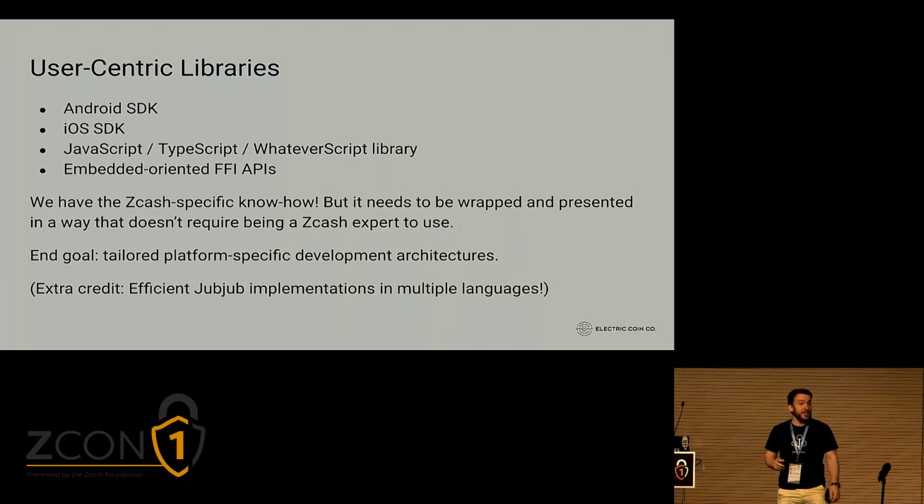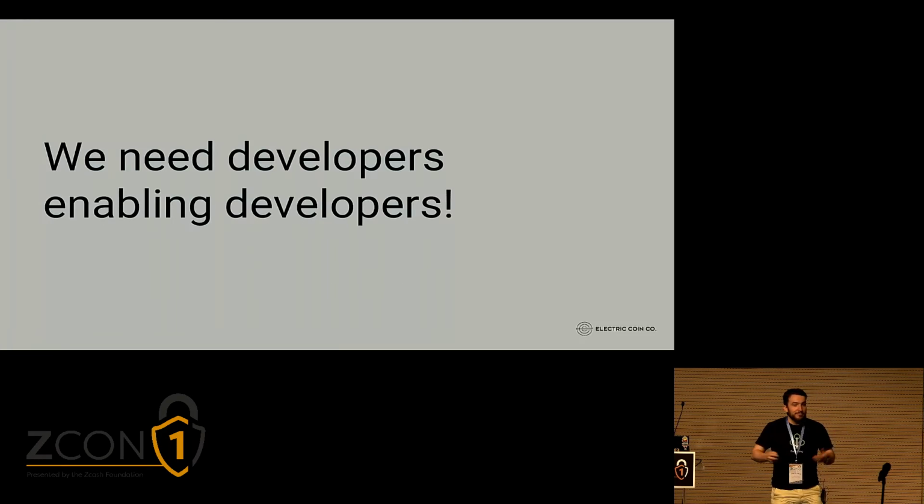Extra credit: if anyone's particularly interested in doing efficient implementations of our curve stuff in different languages, that would also be lovely to see, both for compatibility and just for redundancy. So that's the motivation for my talk: I want to enable developers to do their own things so that we don't have to, and force multiply the industry.